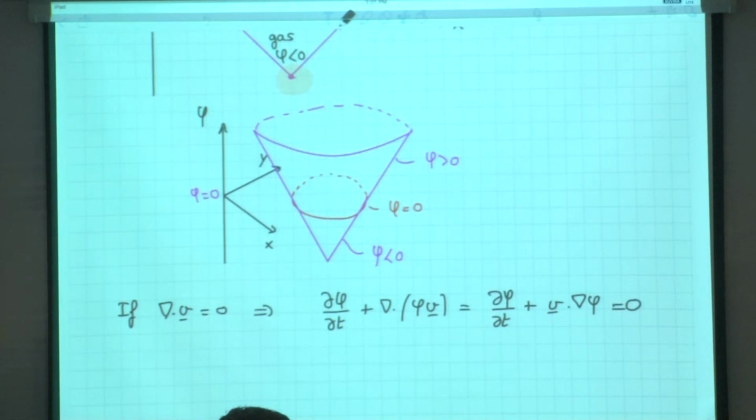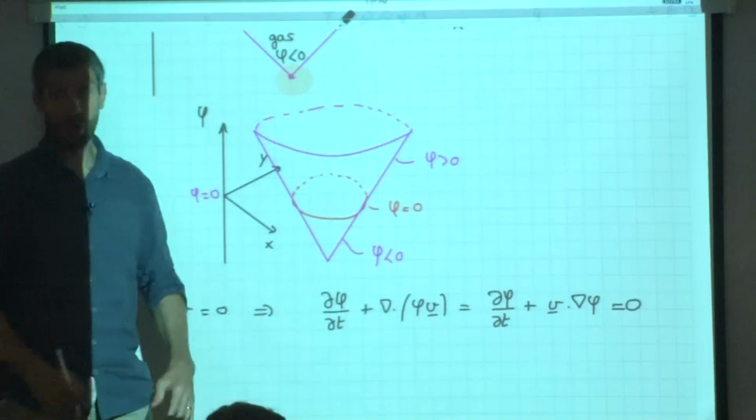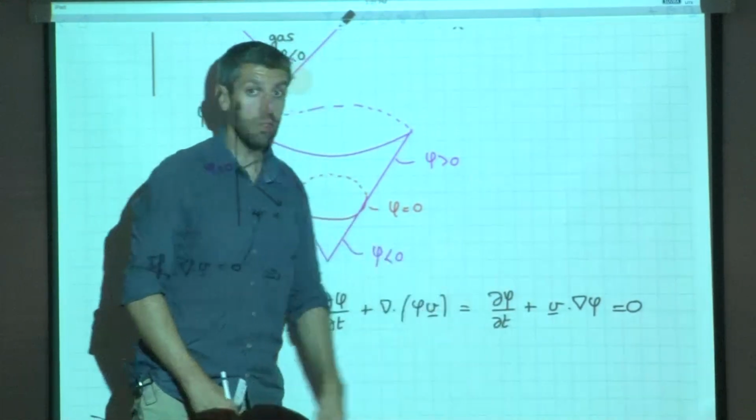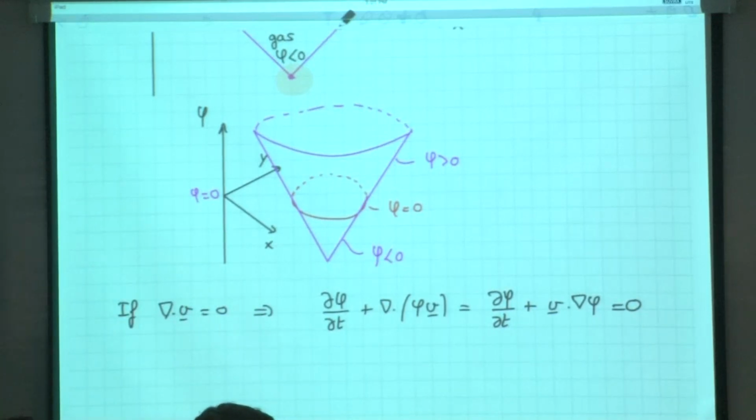Both are equally acceptable provided that the velocity field is solenoidal. If the velocity field is not solenoidal, the conservative form is not the correct form. It is the non-conservative form that is the correct form. We're doing material transport, we're not conserving phi. Any questions? Everyone's clear with what we're using?